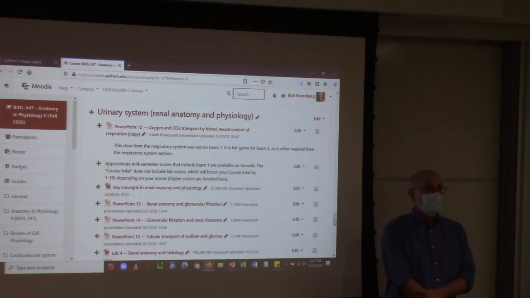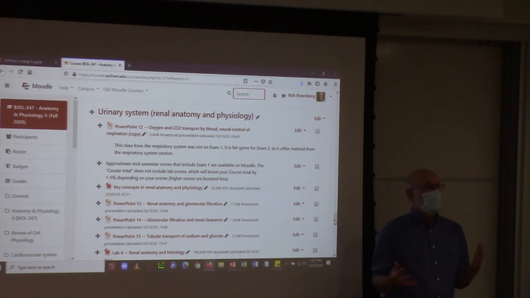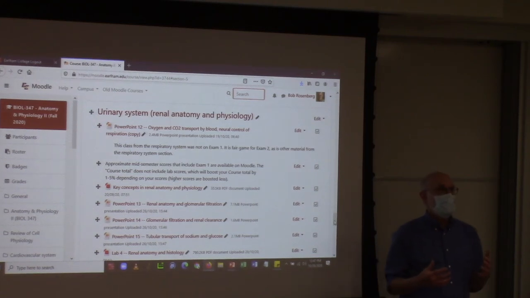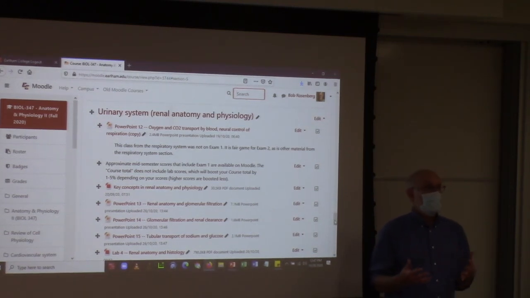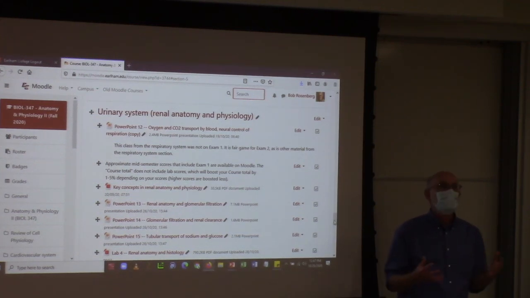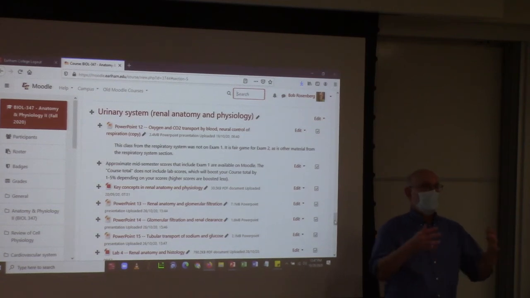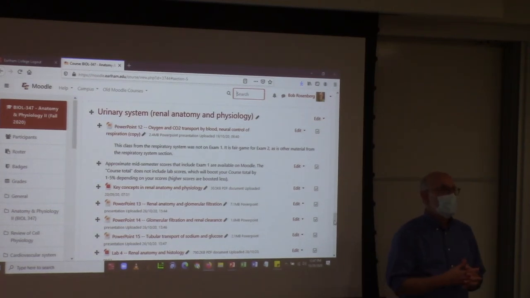And we'll be doing human cadaver work. The problem with the human cadaver work is that the kidneys are behind the digestive tract in a lot of it. They're behind the liver and behind the pancreas and the spleen. So to get to the kidneys, we're going to start to explore the digestive tract first on our way to getting to the kidneys.